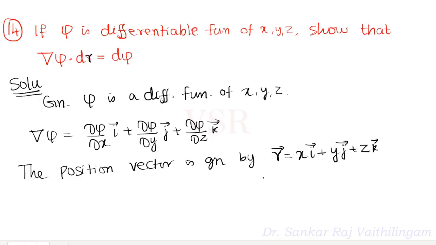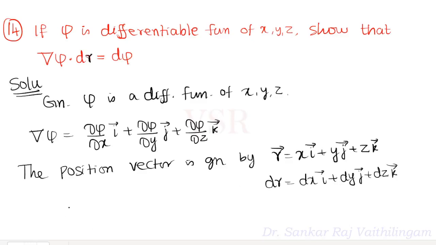Then what is dr? The derivative, which is equal to dx i vector plus dy j vector plus dz into k vector. I differentiate each one: x gives dx, y gives dy, z gives dz.